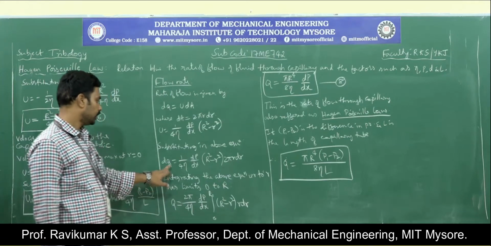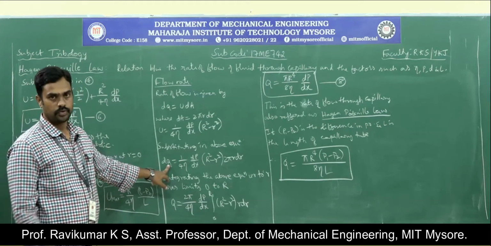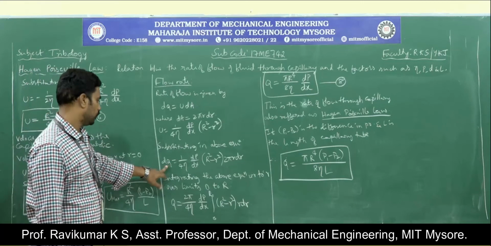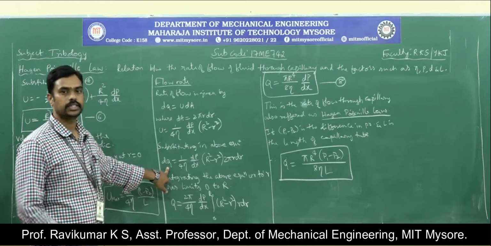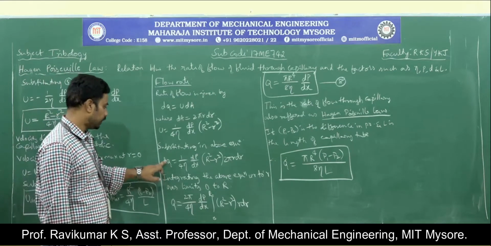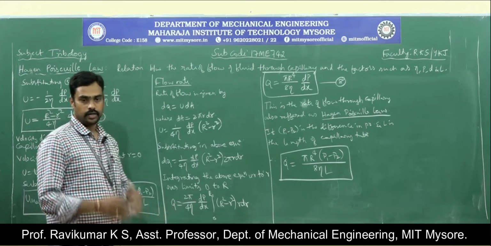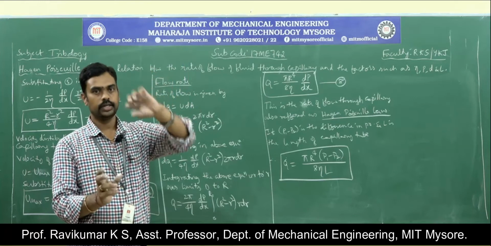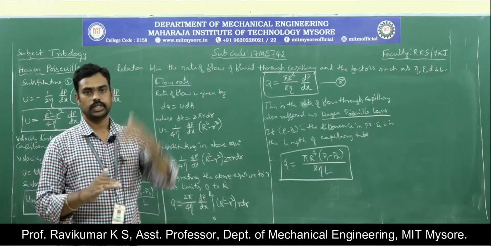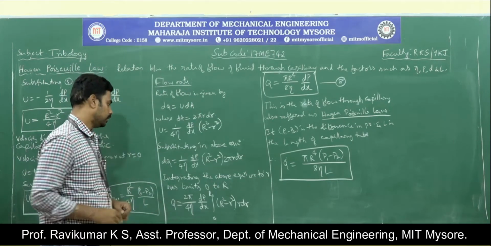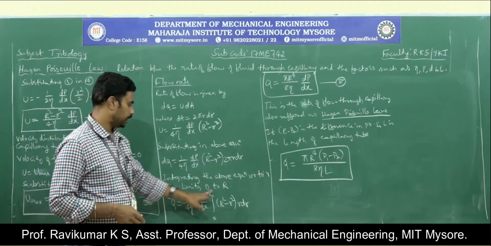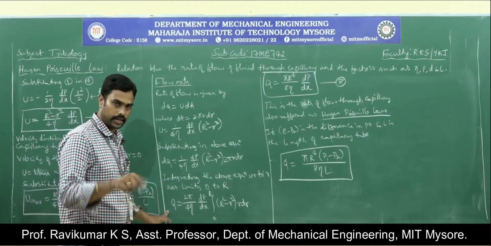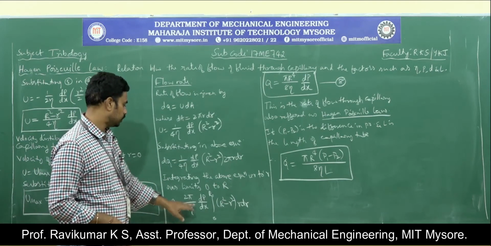If you write it, you will get something like this. We need q, we have dq, that is, for that amount of elemental fluid. So if you integrate this, you will get q. You need to integrate with the limit 0 to capital R: 0 at the center, where we have maximum velocity, and capital R at the wall.